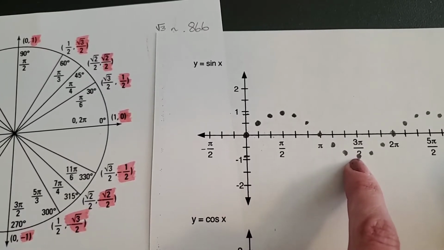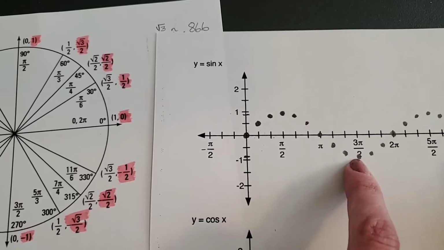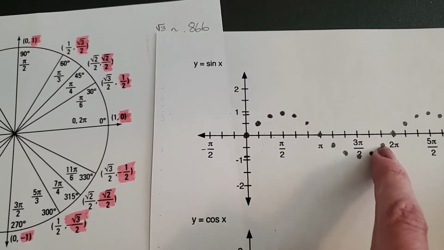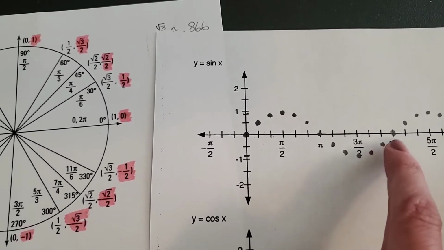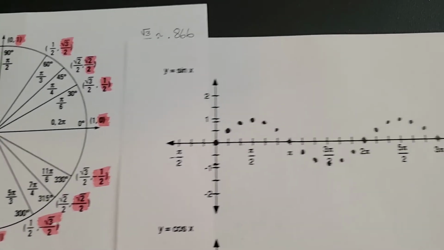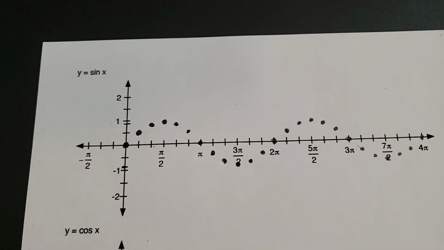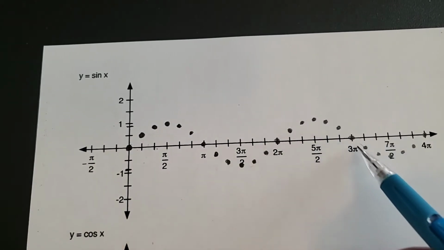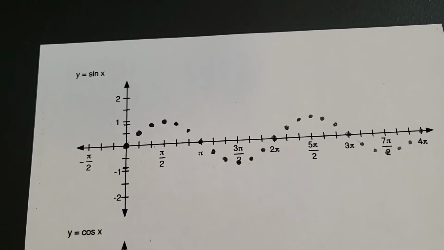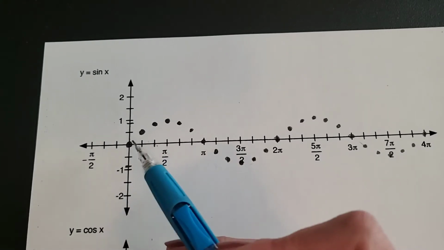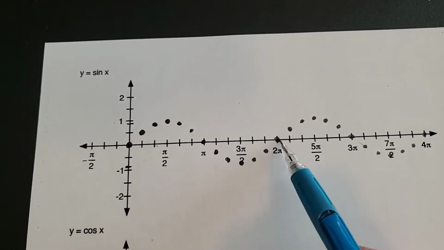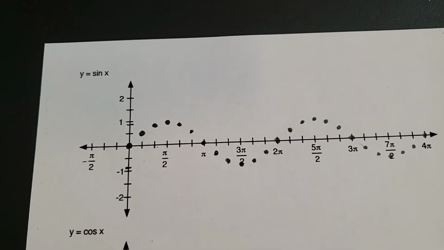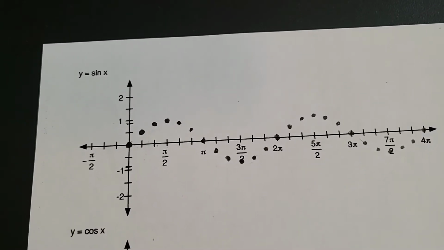Down to -1, -√3/2, -1/2, and 0. And notice, whoops, sorry, I was off my camera there. Notice that it just keeps repeating itself and repeating itself. How often does it repeat itself? Every 2 pi, because that was one trip around the unit circle.